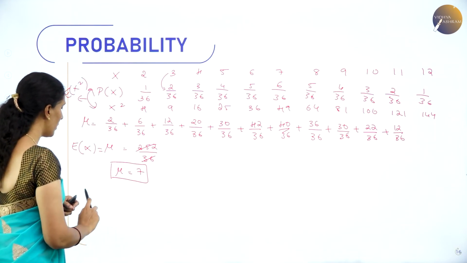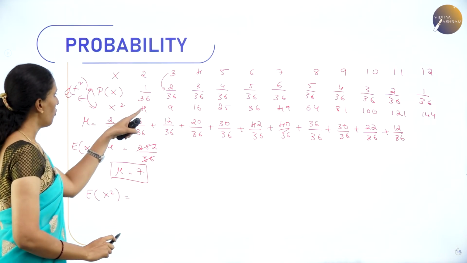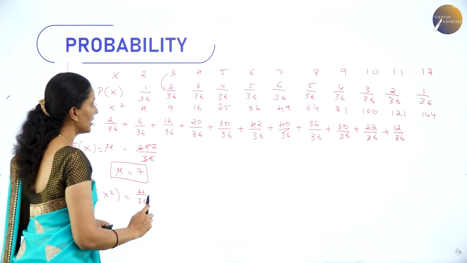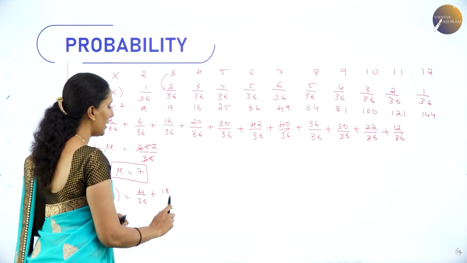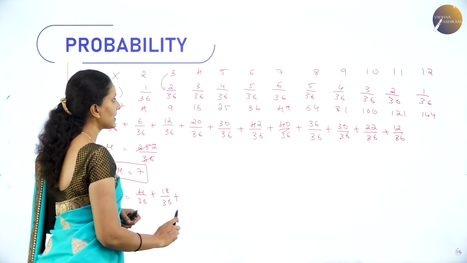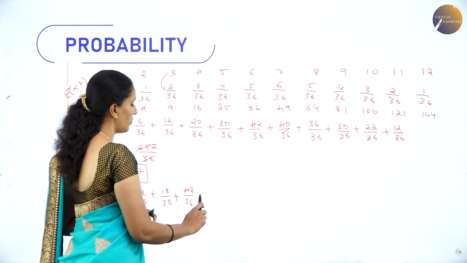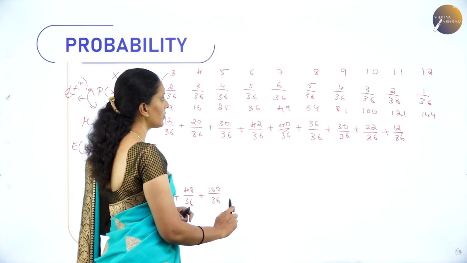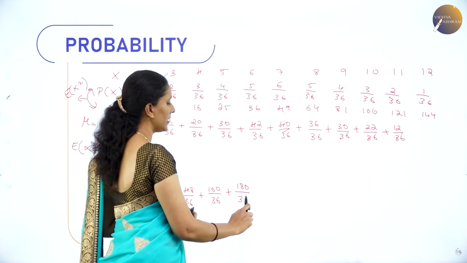So E of x square is 4 into 1 by 36, that is 4 by 36. Next, 9 into 2 by 36, 9 2s are 18 by 36, plus 16 3s are 48 by 36, 25 4s are 100 divided by 36. Next we have 36 5s are 180 by 36.